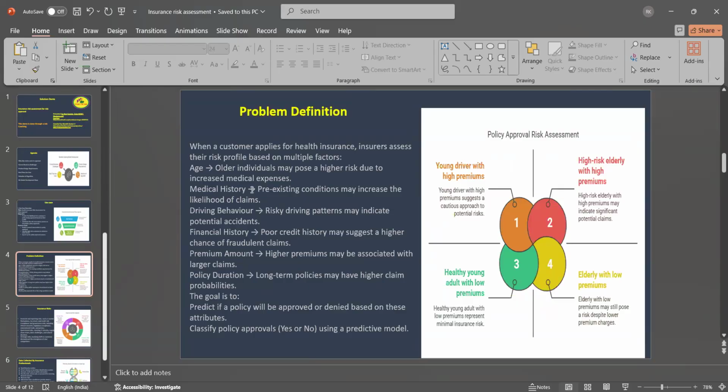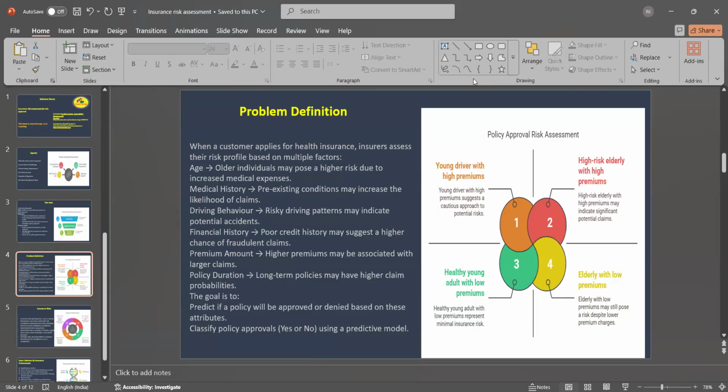Now I define the problem. When a customer applies for health insurance, the insurer assesses the risk profile based on multiple factors. These are the factors we use to assess the customer's profile. First is age.